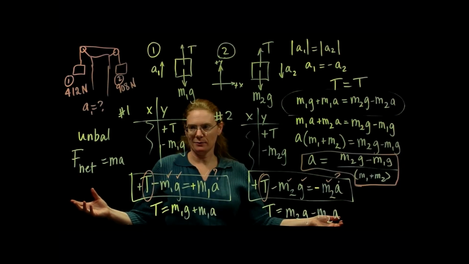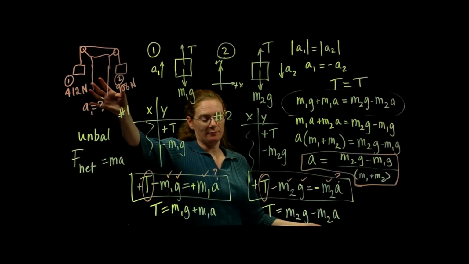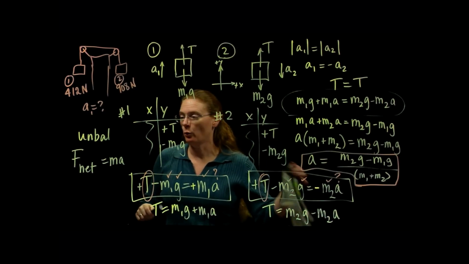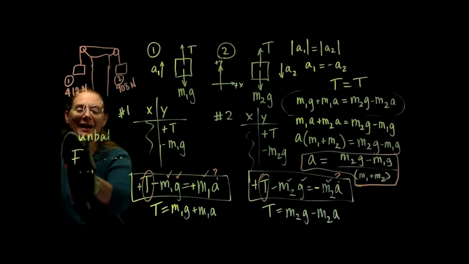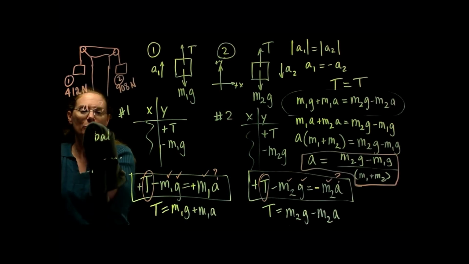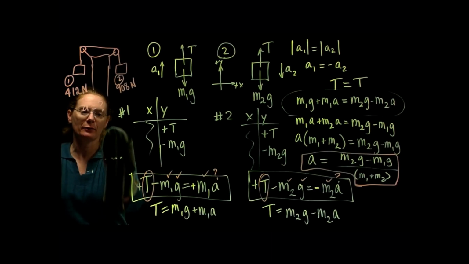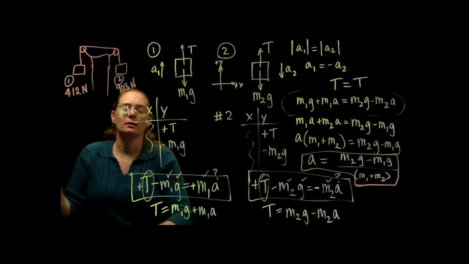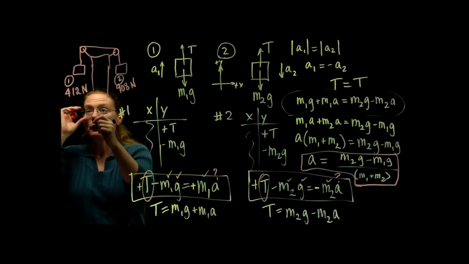I don't know my masses, right? I was given weights. So let's go way back here and figure out what my actual masses are. Usually I give you a mass and you have to calculate the weight mg. Here I'm giving you weights and asking, hey, now you have to calculate the mass.